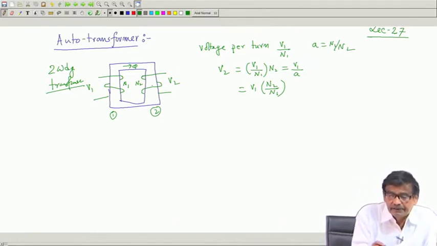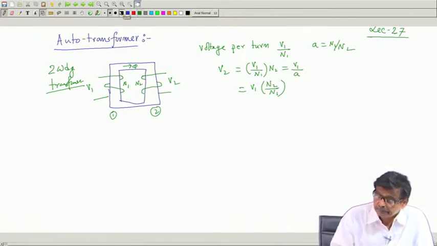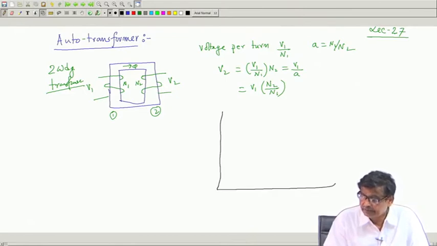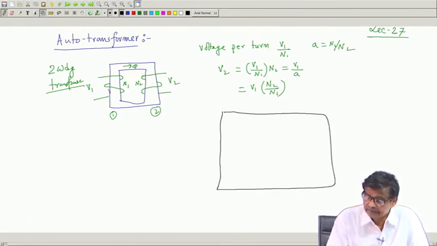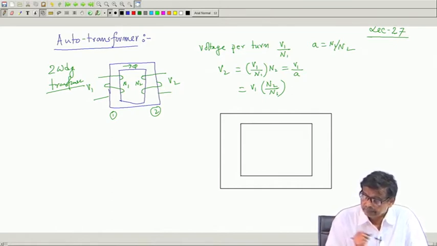The idea is like this. For example, you say that the core is like this. And you use single number of turns.